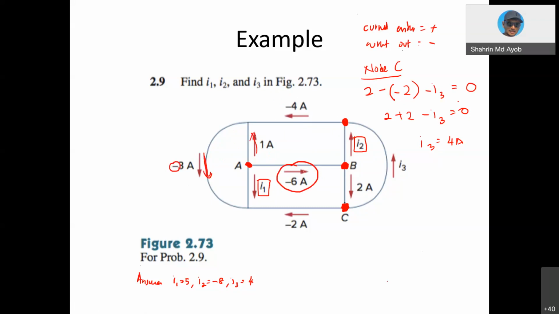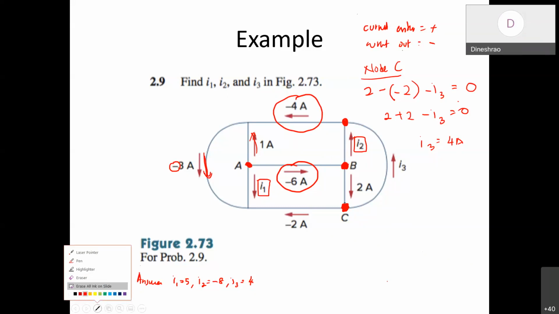Supplying or absorbing? What is the meaning of this? -4 and this direction is like this. What is the meaning? The current is out.